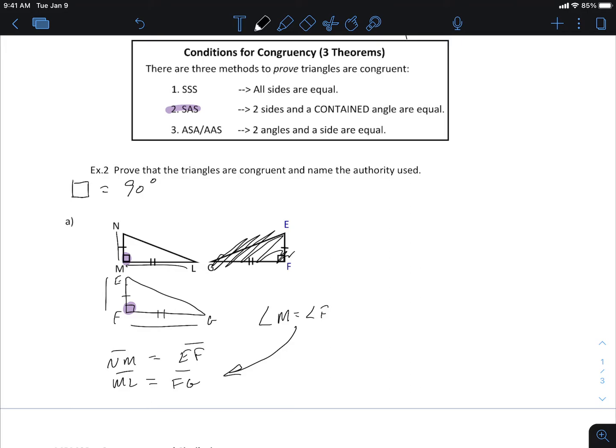And so we've used the second condition for congruency by showing that we have two side lengths that are the same, and also what we call this contained angle in the middle.